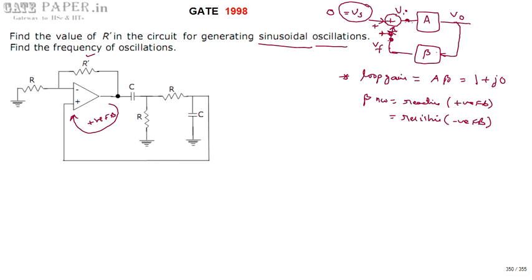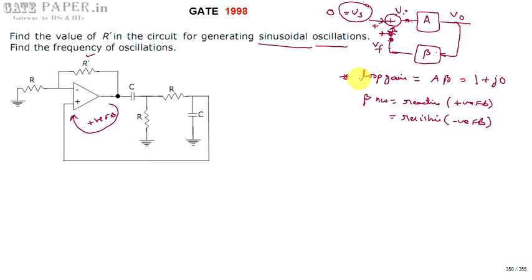Since the beta network is reactive, it may consist of an inductor or capacitor or both along with resistors. Inductors and capacitors are frequency sensitive elements, so the reactance varies as the frequency changes, and so the gain also changes; gain depends on frequency. Because of that reactance, we write it as a J term. So the condition for the loop gain is 1 plus J0.